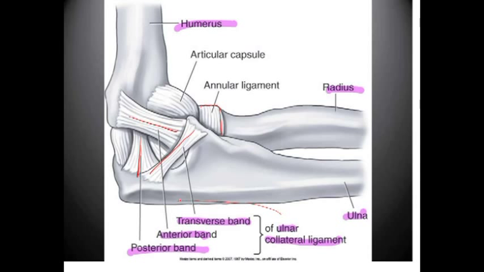The transverse, anterior, and posterior bands are all unified under an umbrella called the ulnar collateral ligament. So that's what we're focusing on here, the ulnar collateral ligament, which is the transverse, anterior, and posterior bands.